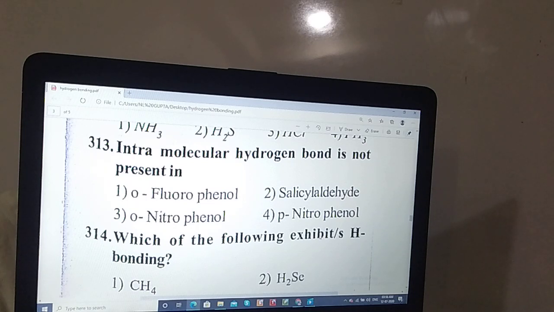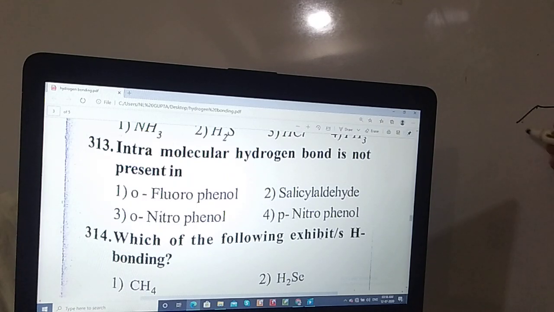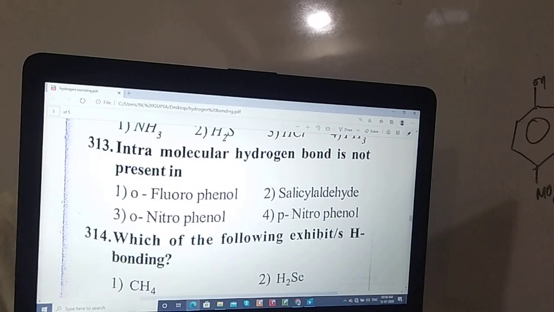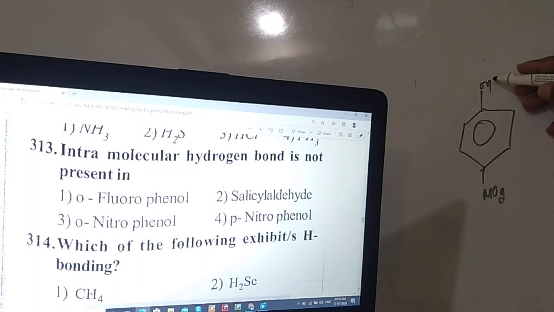When you go for the fourth option, paranitrophenol, you can check on the board. Here I am drawing the diagram for paranitrophenol, with OH here and NO2 here. Intramolecular hydrogen bonding is not possible.